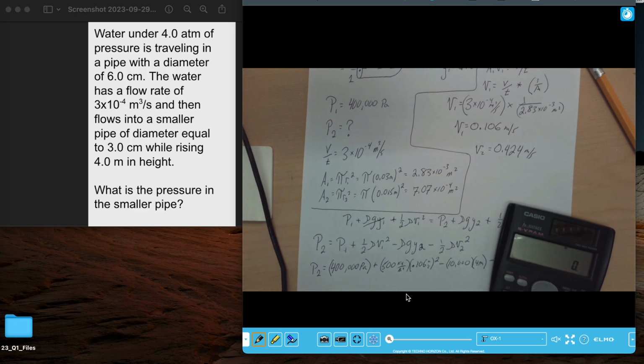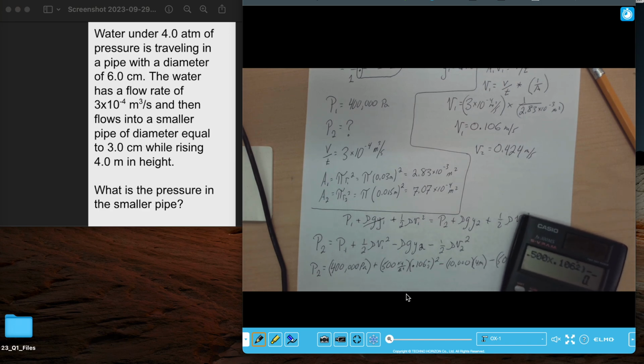So 400,000 plus the quantity 500 times 0.106 squared. Close them out. Minus the quantity 10,000 times 4, which is 40,000. Minus 40,000.